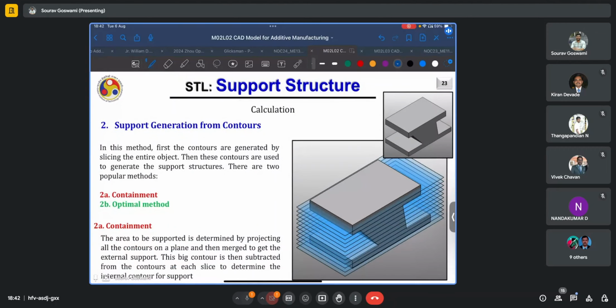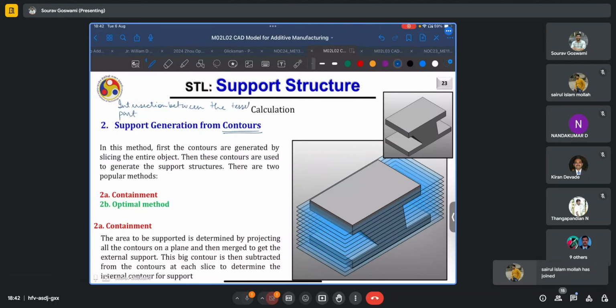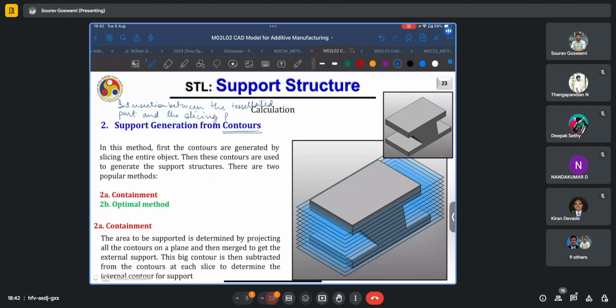Now we found what support structures are, in what cases they may be needed, and how we generate them. The second type of support generation happens from the contours. A contour is but the intersection between the part, or should I say the tessellated part, and the slicing planes.